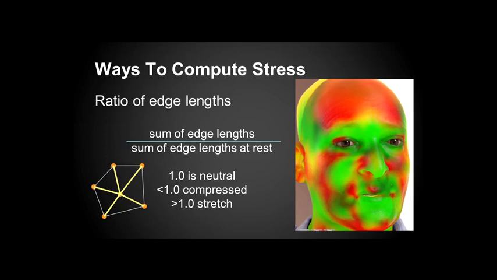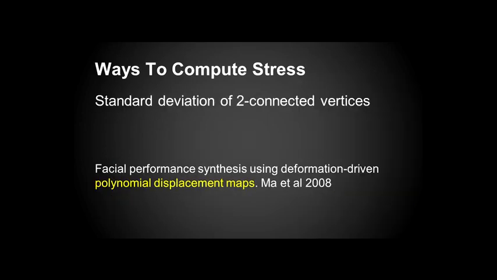So one is going to be same as neutral, and you have a value for compressed and for stretch. You can see an example of the result here. When the eyebrows are raised, the forehead, of course, compresses where the area above the eyes will stretch.